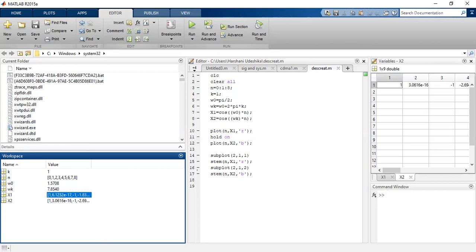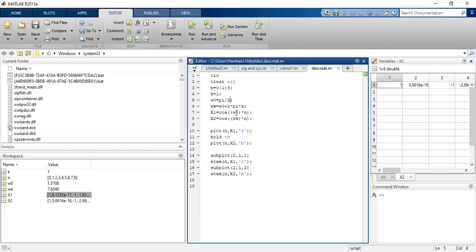You can try this with different omega naught and different k, and of course you can introduce some phase shift here, no issue, but you have to introduce the same phase shift for both signals, then you will get the same answer.